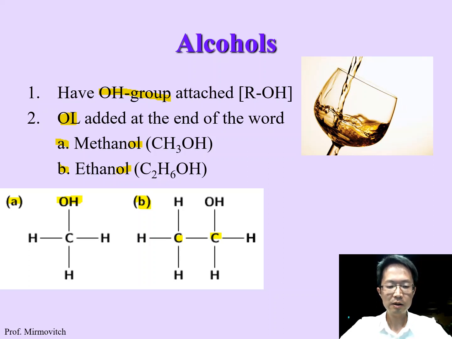And then instead of calling it methane, we change the last letter E into OL, and it becomes methanol. Instead of calling it ethane, we replace the last letter E with OL, and it becomes ethanol. Some of you may already know that ethanol means alcohol. We can find ethanol in wine, beer, or something like that.